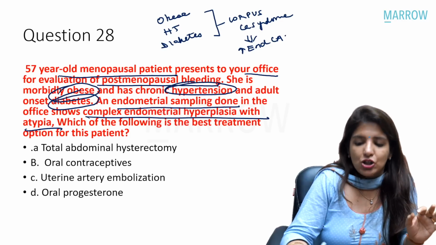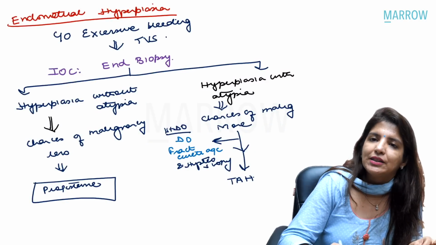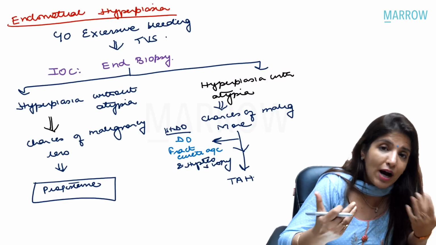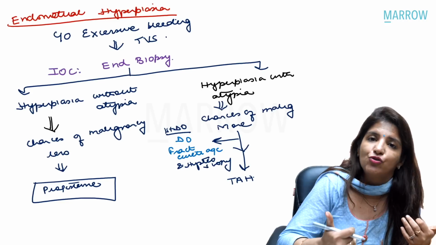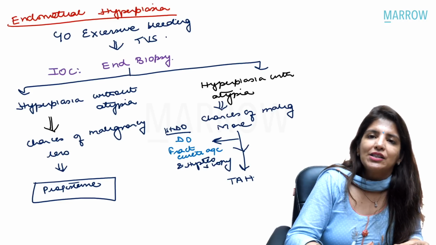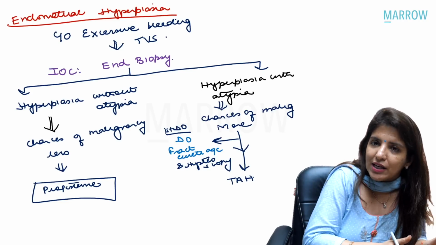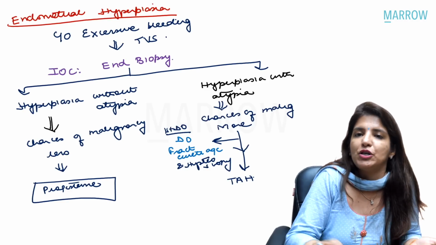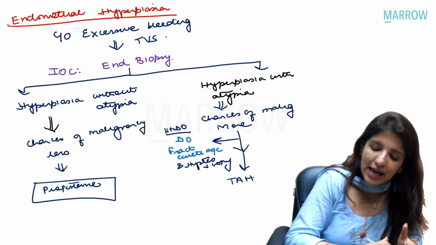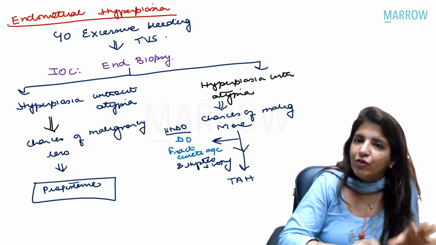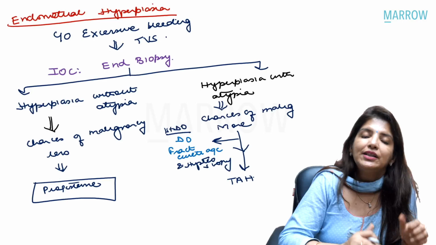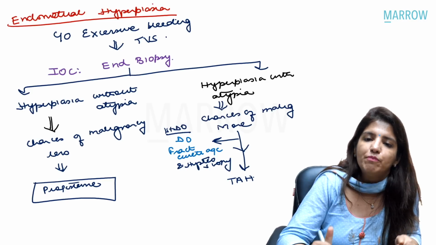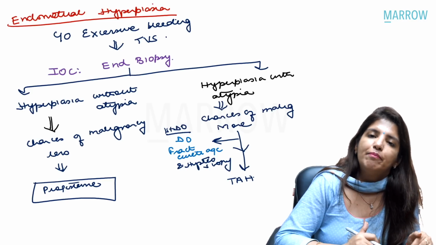Please remember, a patient of endometrial hyperplasia is going to come to you with complaint of excessive bleeding. It could be excessive bleeding in the perimenopausal age group, or it could be excessive bleeding or postmenopausal bleeding after patient has attained menopause, right? And in this case, whenever patient comes to you with excessive bleeding, the investigation of choice becomes your endometrial biopsy.